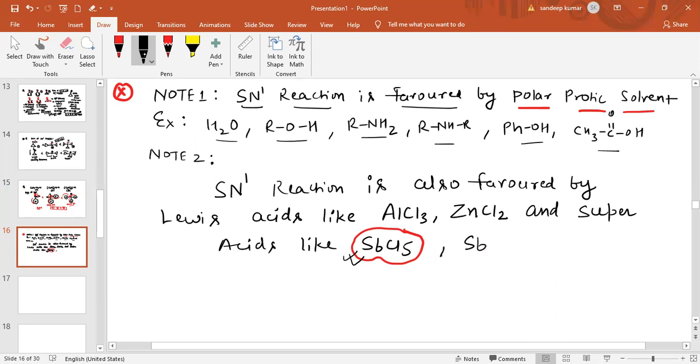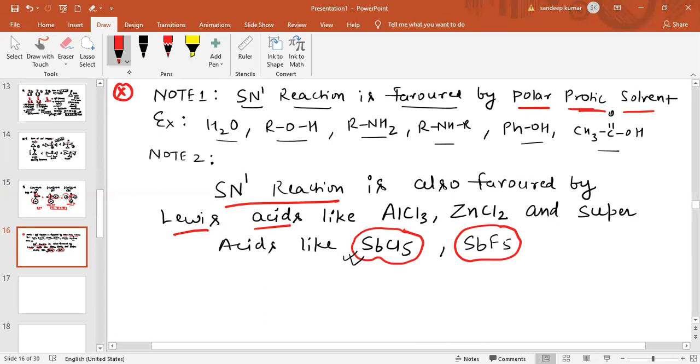Also, if we use SbF5, then also SN1 reaction will be favored. So SN1 reactions are favored by Lewis acids and by polar protic solvents. This is all about the SN1 reaction.